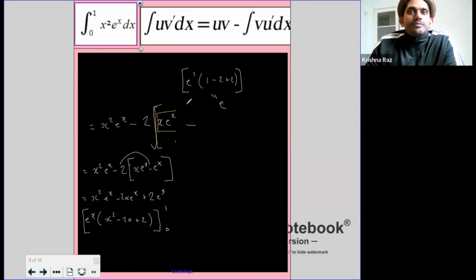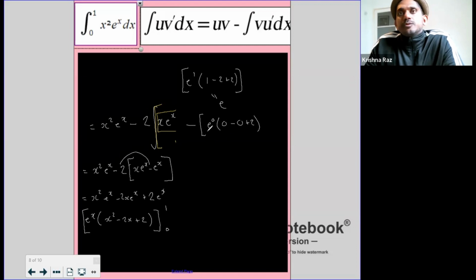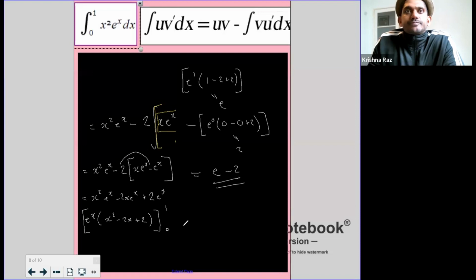And from that, we'll have to minus the 0 version, which would have been e to the 0, which is 1, 0 squared, which is 0, minus 2 times 0, which is 0, plus 2. So we would have ended up with minus 1 times 2, which is 2. The final answer will be e minus 2. Hopefully you got that as well.